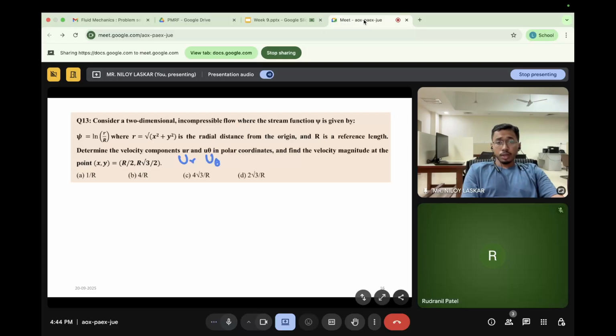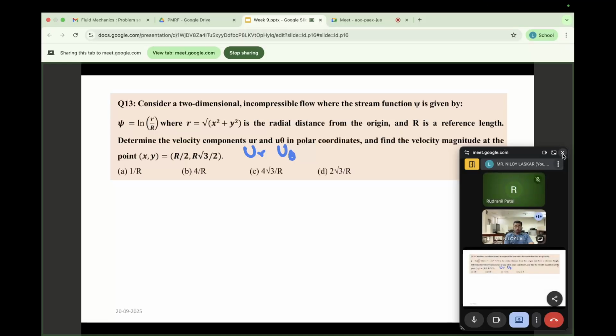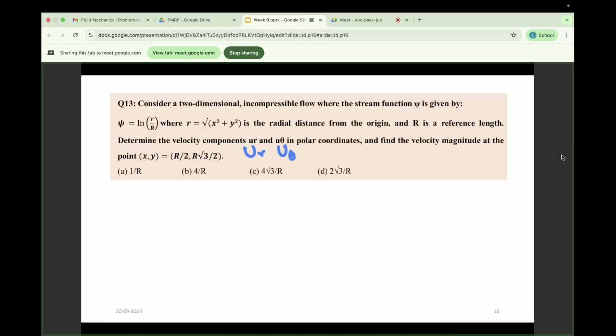I'm giving you a hint because you haven't studied this polar coordinate concept yet. In Cartesian, we normally say u is dou psi by dou y, and for v it is minus dou psi by dou x.